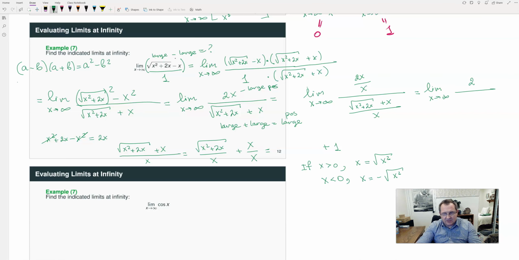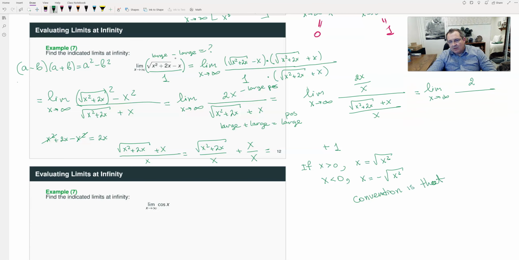And then you ask, why is this so? Well, the convention is that radical returns the positive root. From the two possible roots, radical returns the positive. If x is negative, we will have to explicitly add the minus to make radical return the negative number.